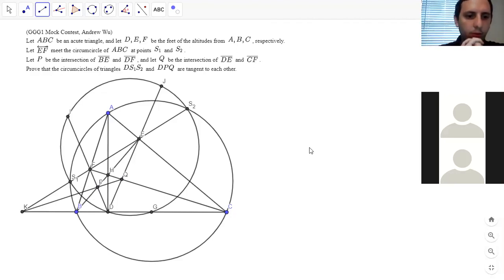I guess you could try to show those two polars are the same, and I think they have to be the same because AF times AB is AH times AB is AE times AC.